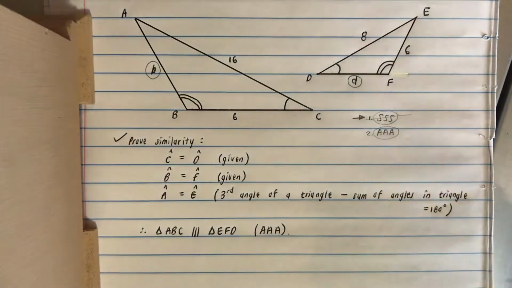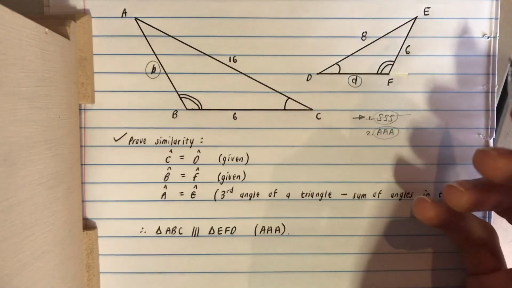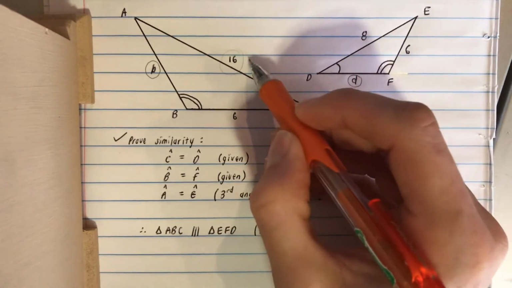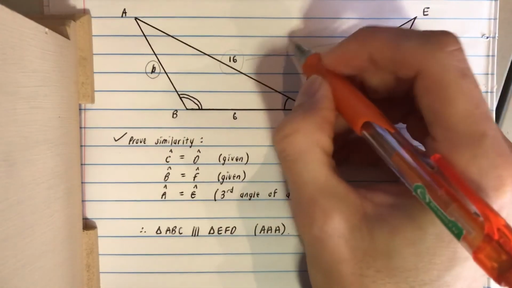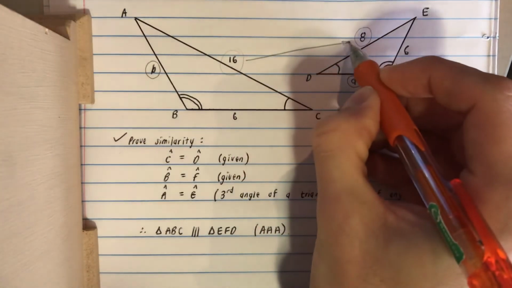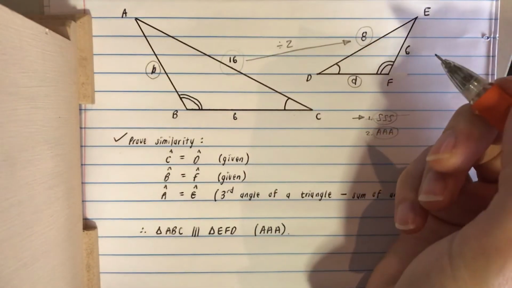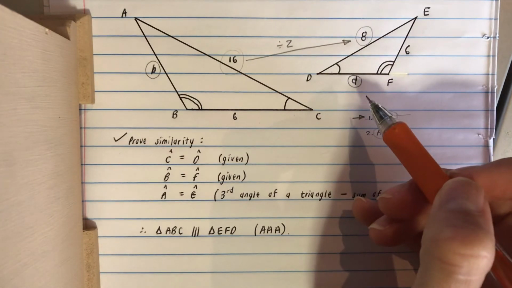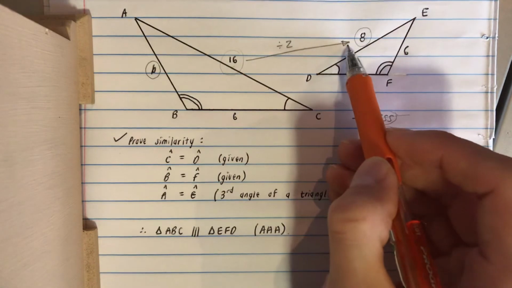If we compare the two corresponding sides, this is how I'm going to do it. We go from 16 to that one, which is 8. What are we doing? So if we move from the bigger triangle to the smaller triangle, we are dividing with 2. Can you see that? 16 divided with 2 gives us 8. That is if we move from the bigger triangle to the smaller triangle.